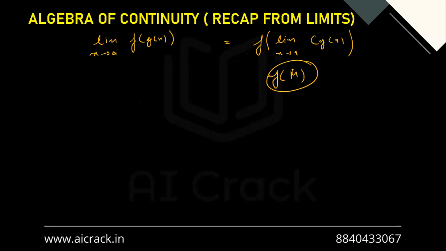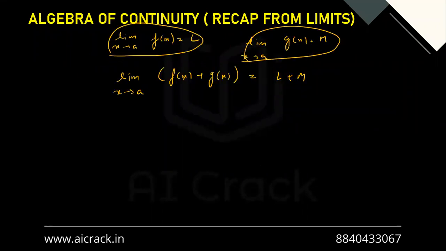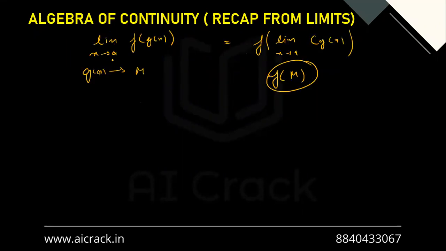Now let's try to prove it. In case of LHS, we know that when x approaches a, g(x) approaches g(a), right? And g(a) is nothing but m. So basically, when x is approaching a, g(x) is approaching m, which is true because limit of g(x) as x approaches a equals m.